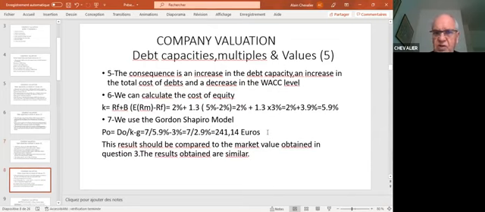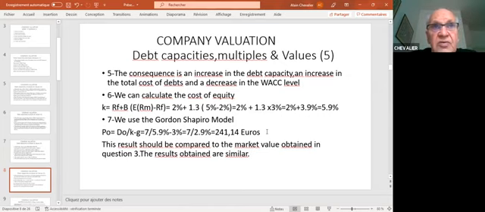Instead of 250, we find 241.14, which is not so bad. We just have 9 among 250 as a deviation from the first one to the second one, which means it seems that there is some kind of coherence.